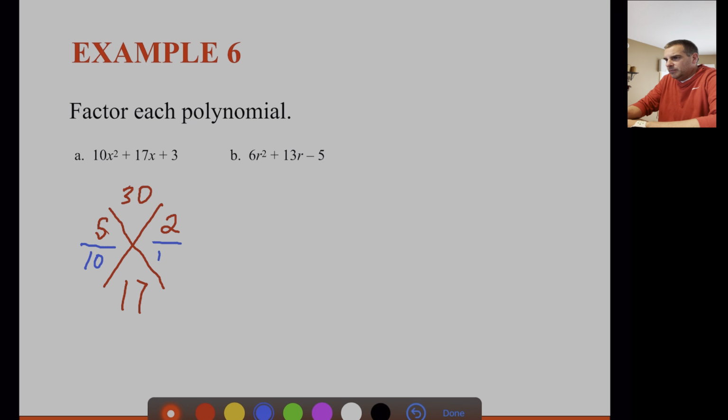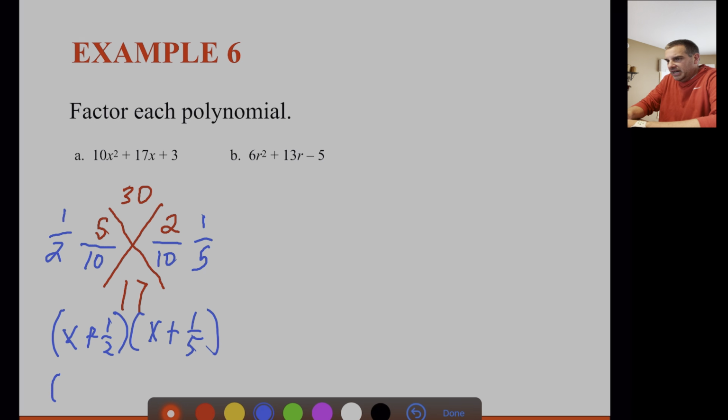So I'm going to divide by 10, and I'm going to reduce the fractions. So this reduces to 1/2. This reduces to 1/5. So this becomes x plus 1/2 and x plus 1/5. I can't leave it like that. So the denominator goes out in front of the x plus the numerator. So there's that one factored.